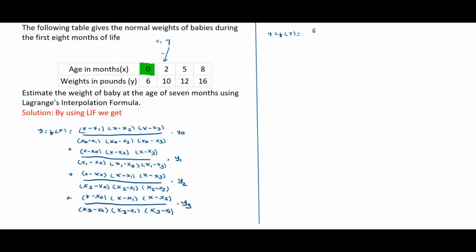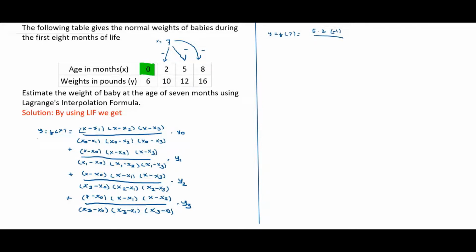I will write 5 here. Then 7 minus 5 is equal to 2. And last, this 7 minus 8 is equal to minus 1.